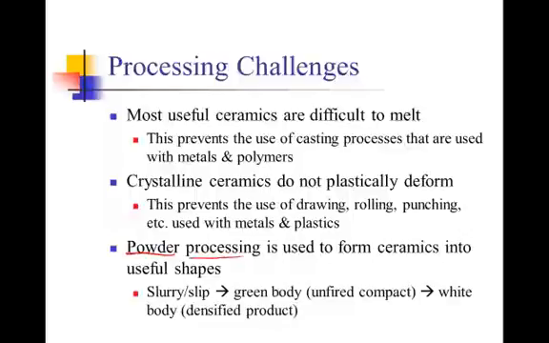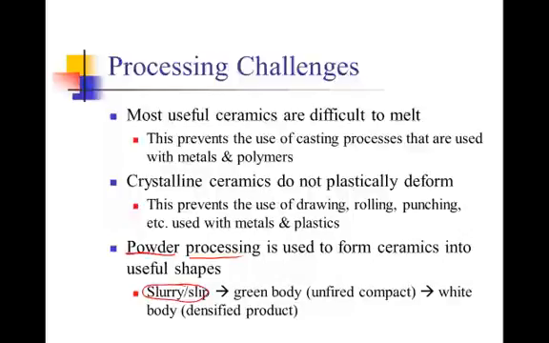And typically that powder will be included in a liquid, sometimes called a slurry, sometimes called a slip. And that liquid is going to be shaped in some way to form a very fragile object that has the shape that we want it to have, and needs to be fired or sintered in the furnace in order to make it stronger.